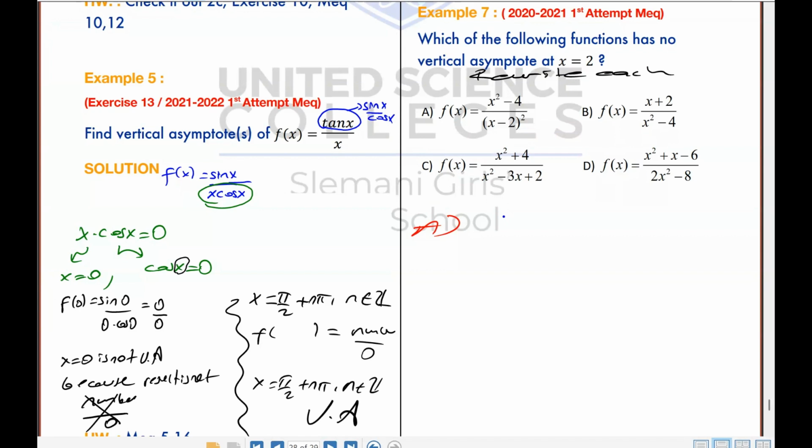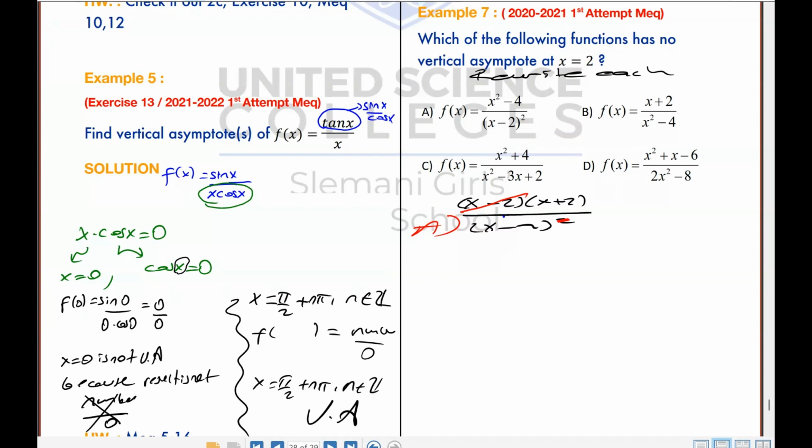So option A. I can do that because top and bottom are both polynomial. So x squared minus 4 can be rewritten as (x minus 2)(x plus 2) divided by (x minus 2) squared. Now cancel out the common factors, which are x minus 2 and one of the x minus 2's from the bottom.